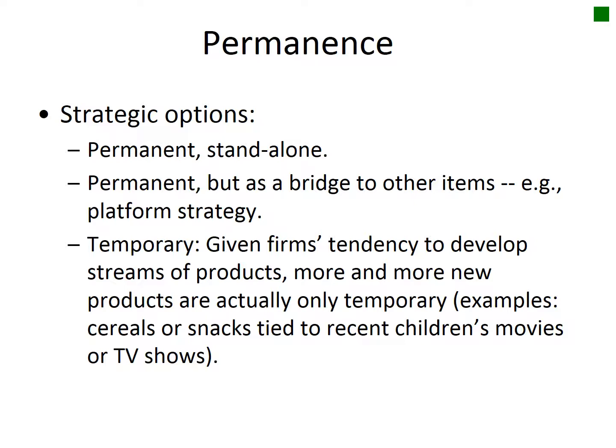This very last category here, this temporary category, is an idea that we sometimes produce products that are only meant for a very short period of time because there's a tie-in between our product and something else.